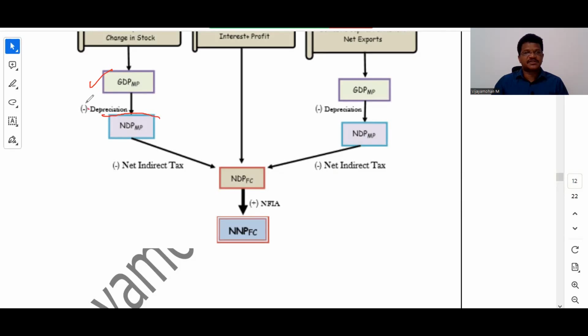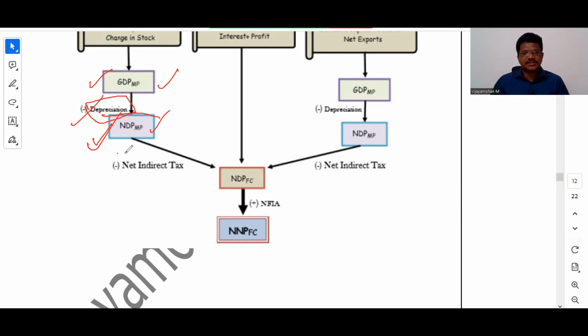If you remove depreciation from this GDP at market prices, then you will get net domestic product at market prices.